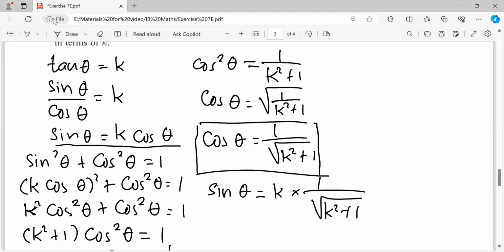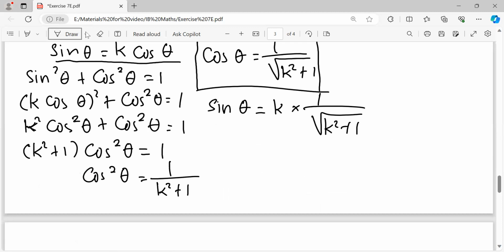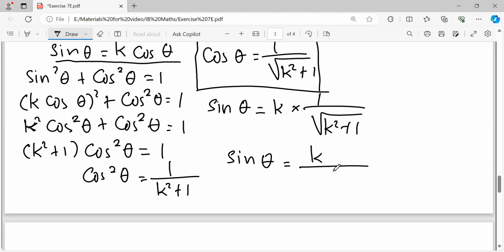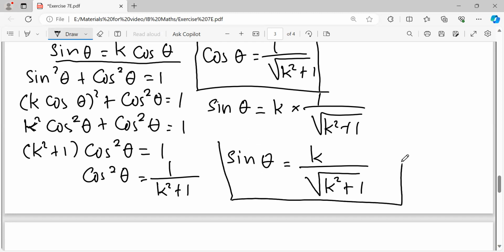So sine theta equals k over square root k squared plus 1. This is sine theta.